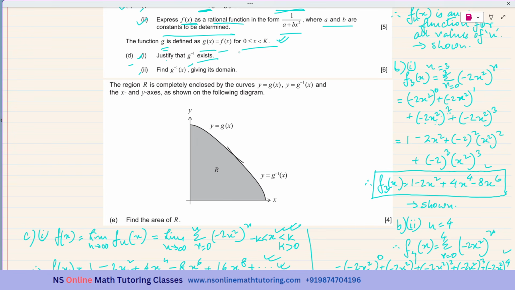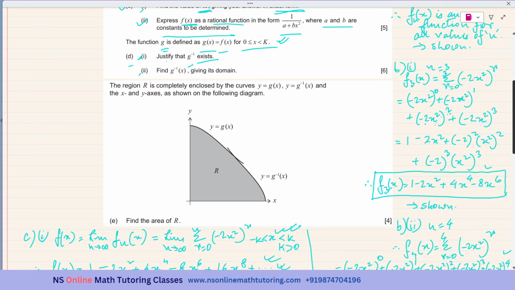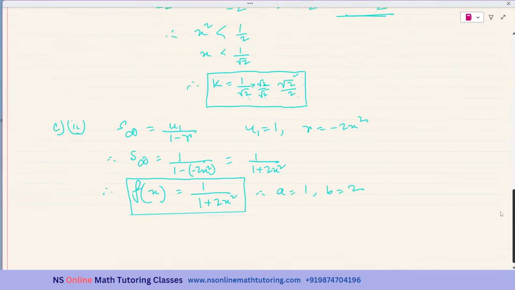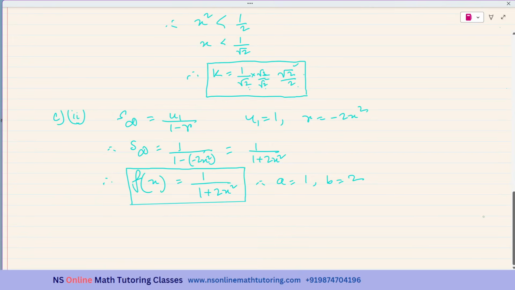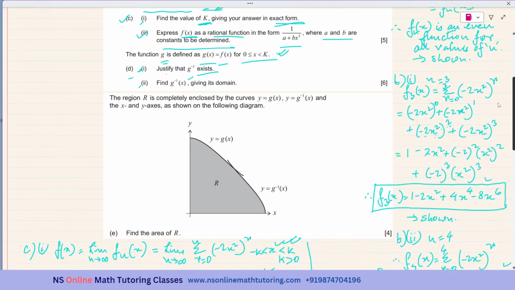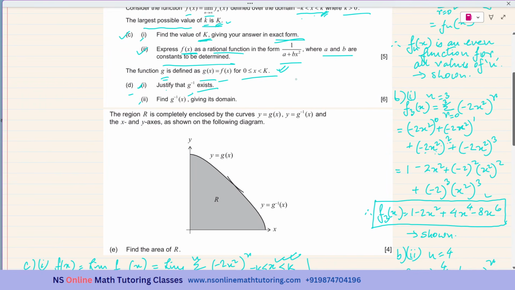So it is paper 2, let me use the calculator. We have seen that the f of x expression is 1 over 1 plus 2x squared. So I will be taking the g of x expression as 1 over 1 plus 2x squared, and I will be taking the domain as x greater than or equal to 0 but less than 1 over root 2, or you can write root 2 over 2.